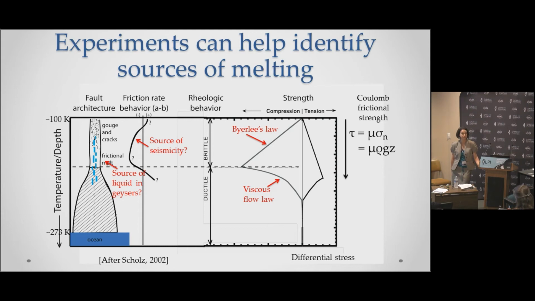These trace impurities, whatever the impurity is, if it's a melt-forming impurity, could very well be one of the dominant factors in controlling the tectonics of relatively pure ice shell satellites. So I think this is really cool.